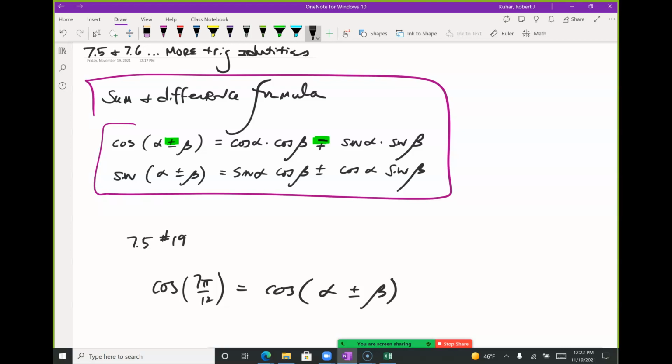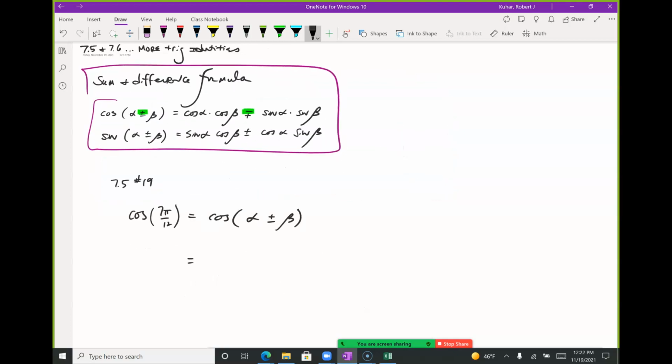I can see this one quickly as a 3 plus 4. It's 3 pi plus 4 pi is 7 pi. And why does that work out well for me? Because I want everything to turn into reference angles.